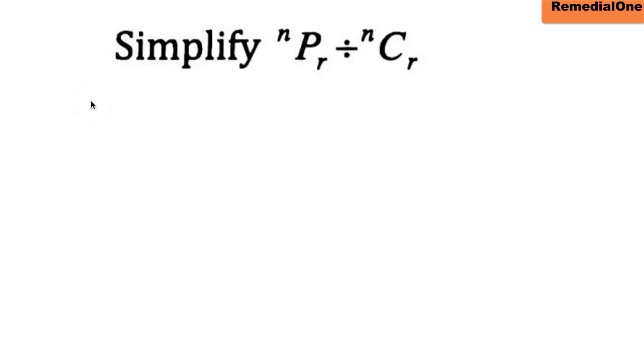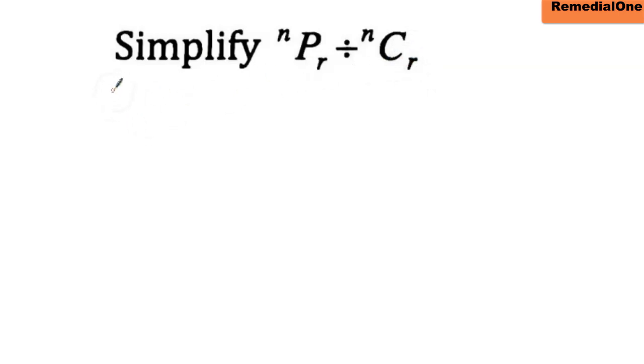That is, we have n objects, n items, and we are arranging them, taking r at a time. And then combination is, you have n items and then you are selecting r.